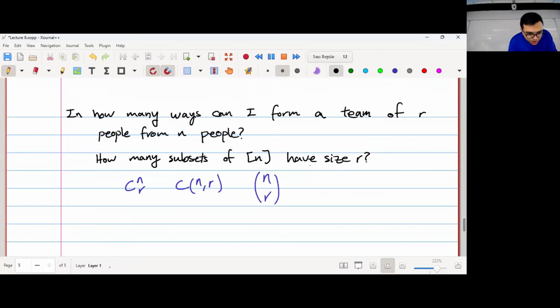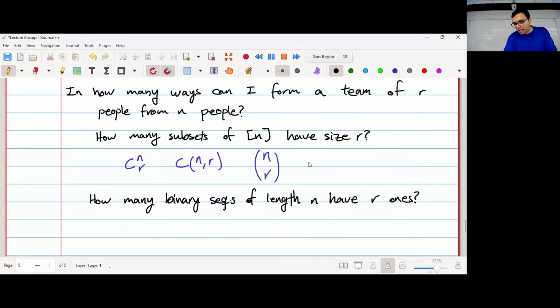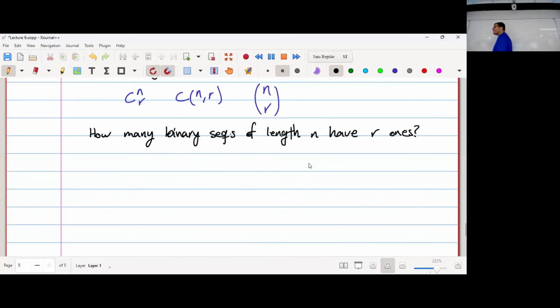So this is equivalent to asking how many binary sequences of length n have R ones. Okay, but now this is really easy for us, right? Because I can just look at this number. I can look at the number that has n minus R zeros, and it has R ones.